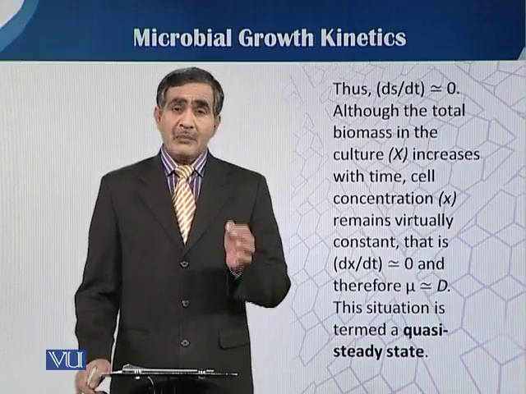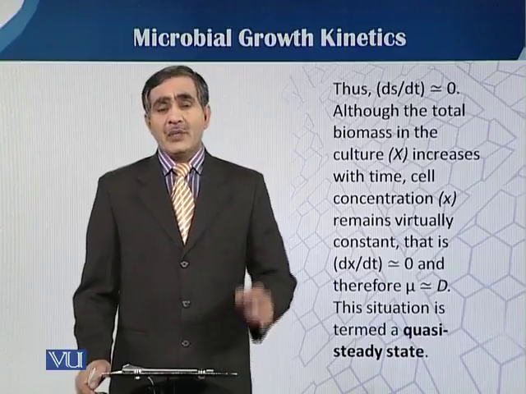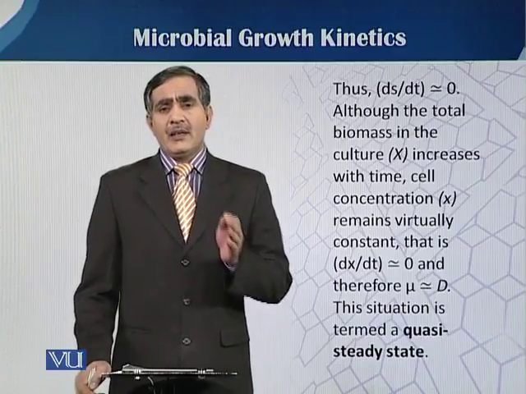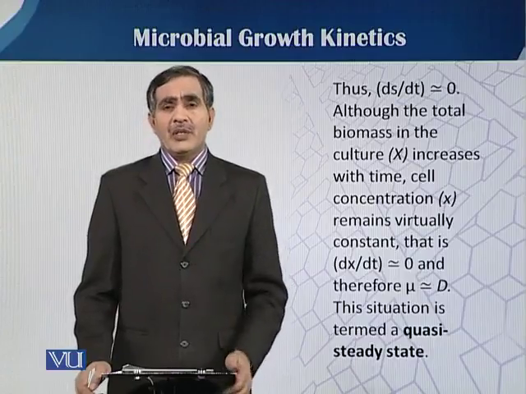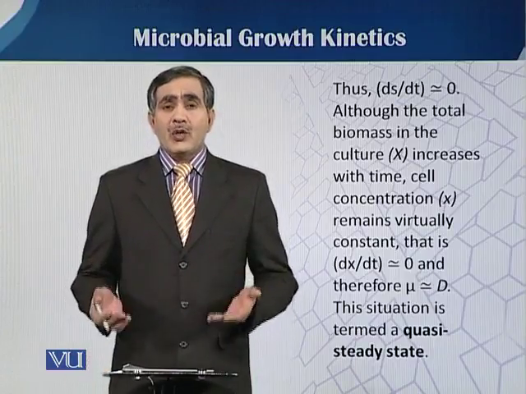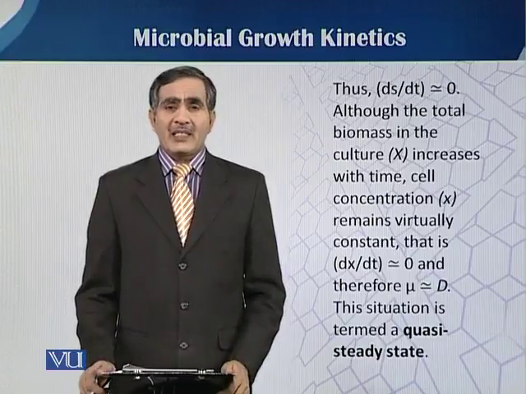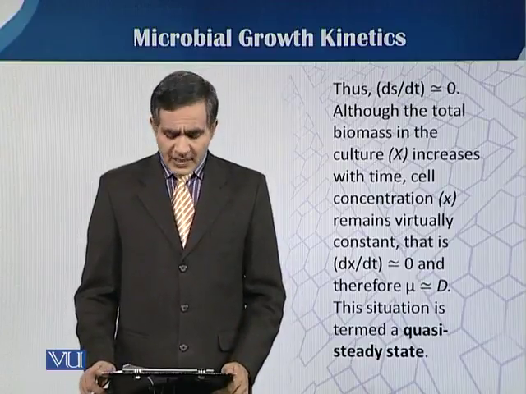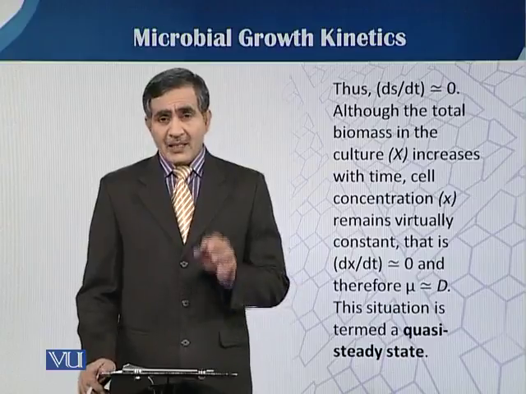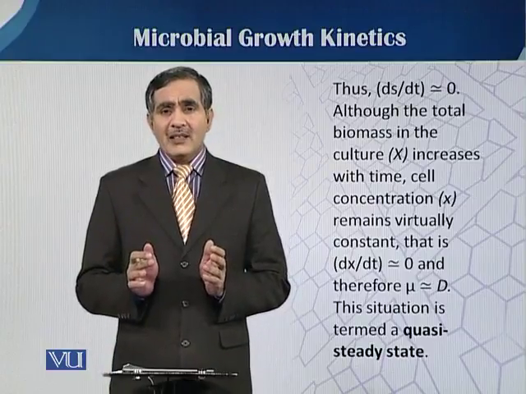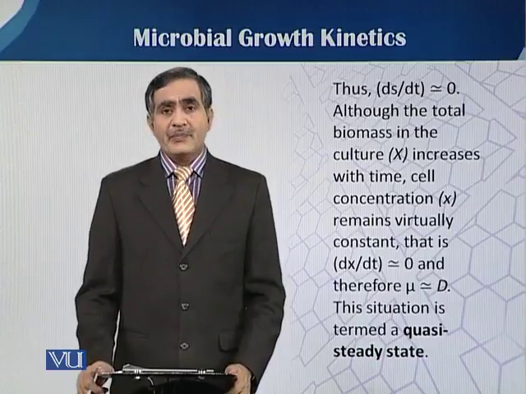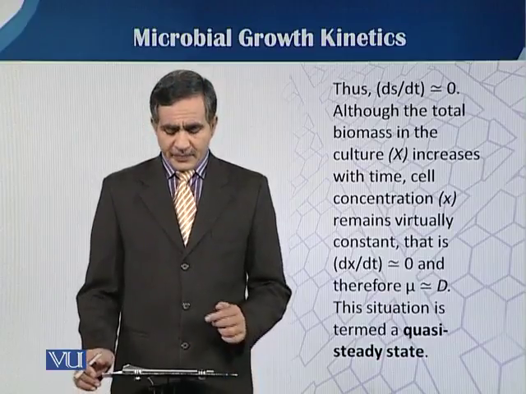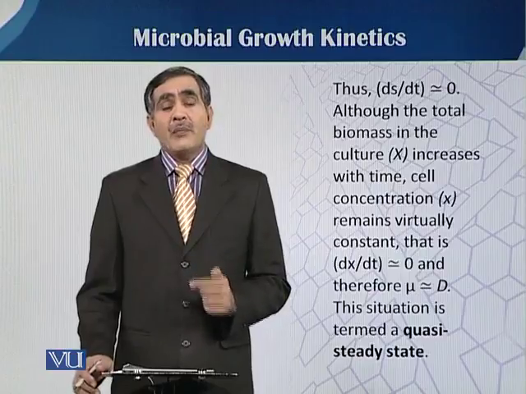So if mu is equal to D, meaning the specific growth rate of the organism becomes equal to the dilution rate, then there is no more change in the biomass concentration of the fermentation vessel. In fed batch, when such conditions hold, that is known as quasi-steady state. In fed batch culture, this is a very important state.